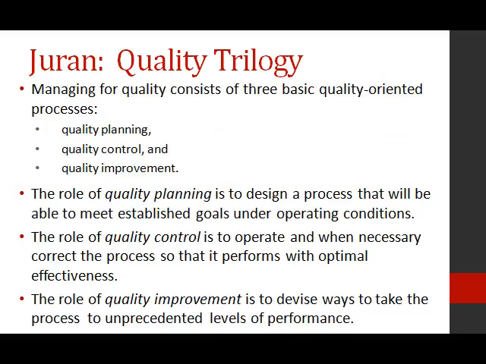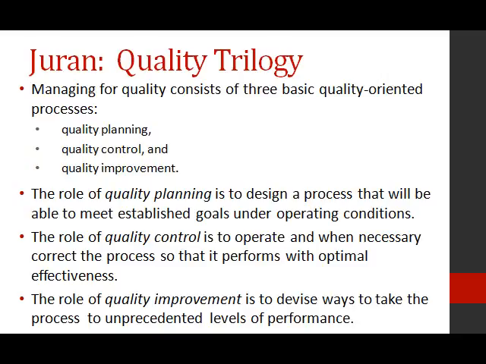In developing quality by design, Juran had a trilogy of quality. Managing for quality consists of three basic quality-oriented processes: quality planning, quality control, and quality improvement.